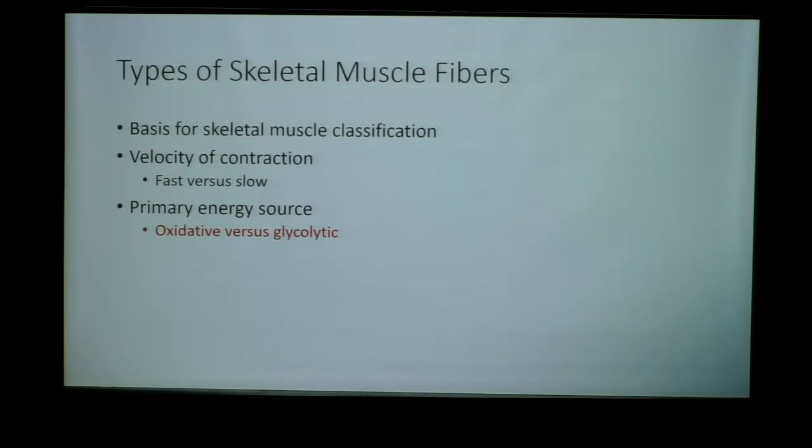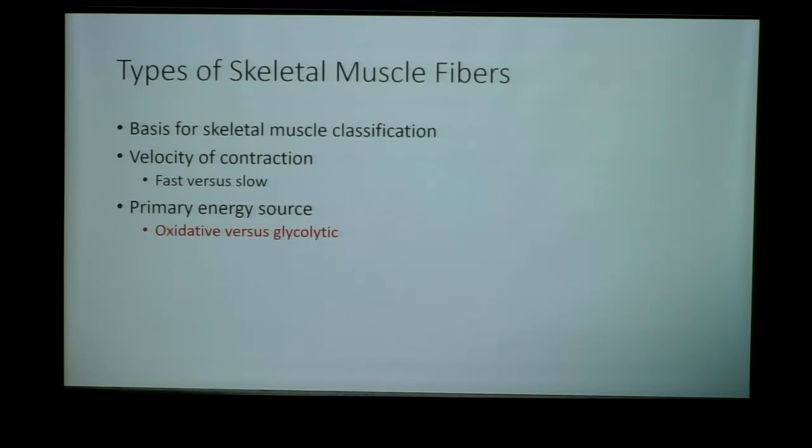The last name, or the second name, of that muscle is going to be based on its primary source of ATP. Where does it generate its main source of energy? It can be an oxidative fiber. And what do you think the main source of ATP is in oxidative fibers? Oxidative phosphorylation, which requires oxygen, okay?